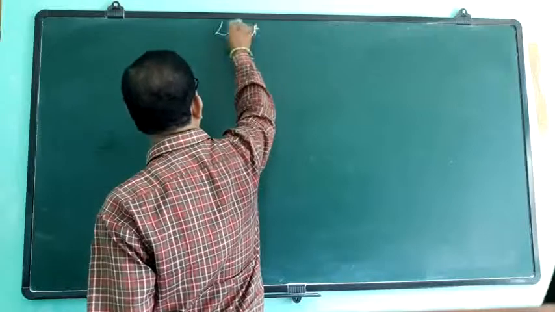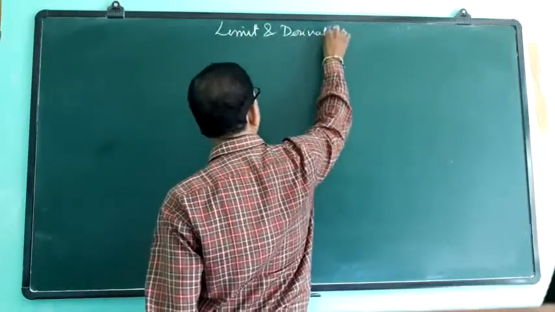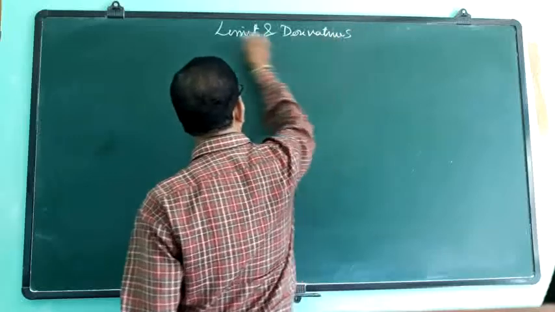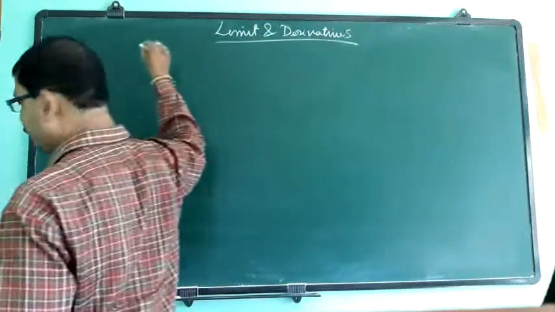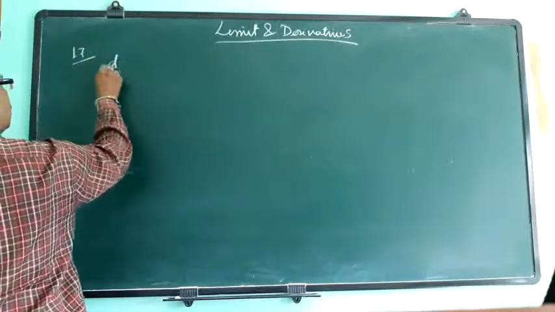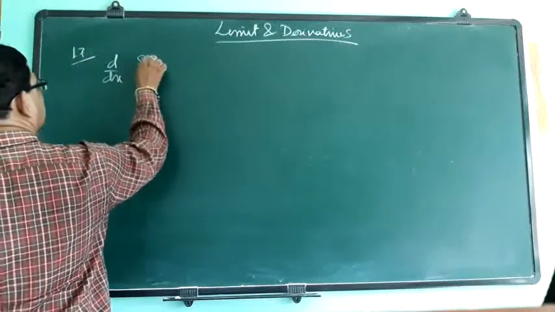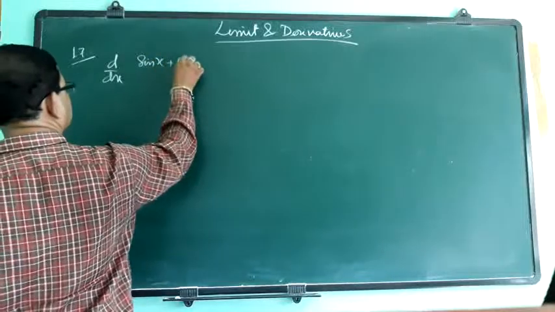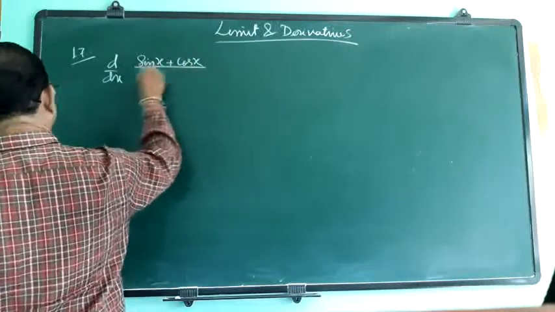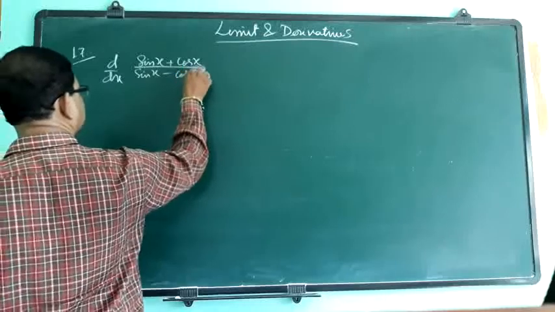So limit and derivatives, we are going to do question number 17. They have said to differentiate d/dx of (sin x + cos x) divided by (sin x - cos x).